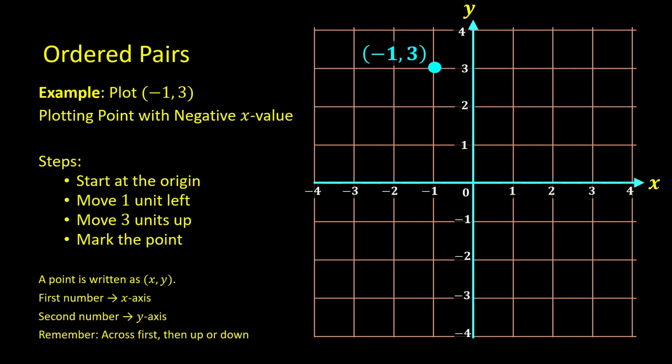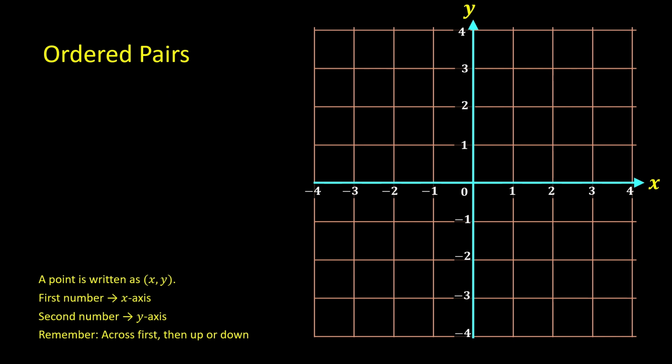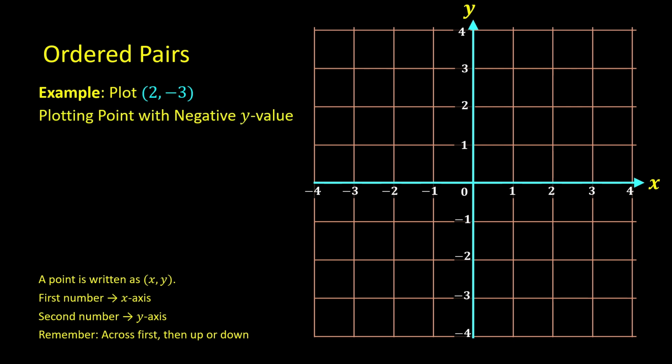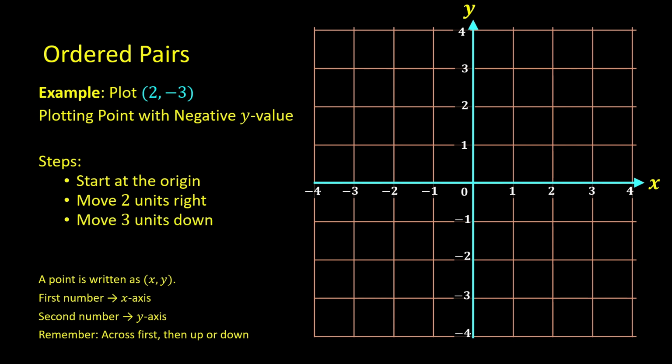Next, we plot a point with a negative y value. So for (2, -3), we start at the origin, move 2 units to the right, then move 3 units down, and notice that the negative y values always move downwards.